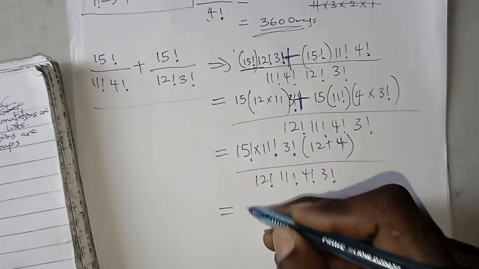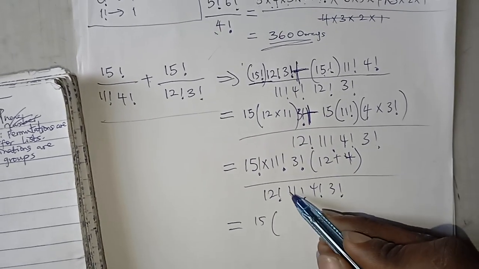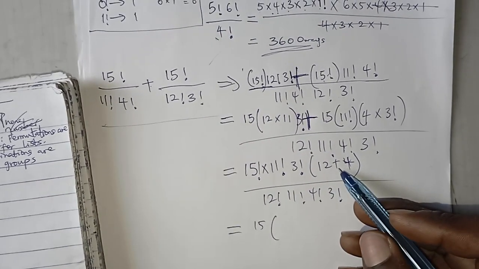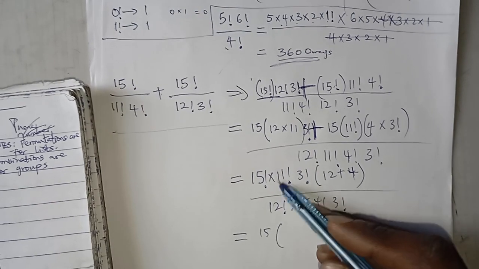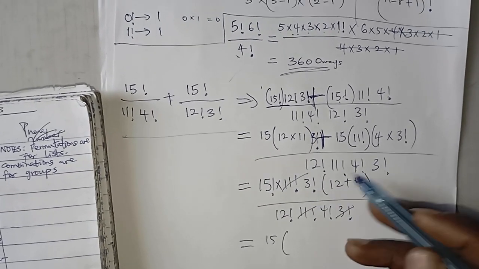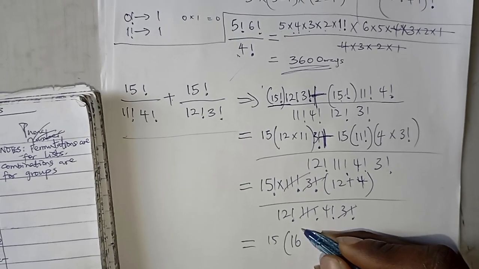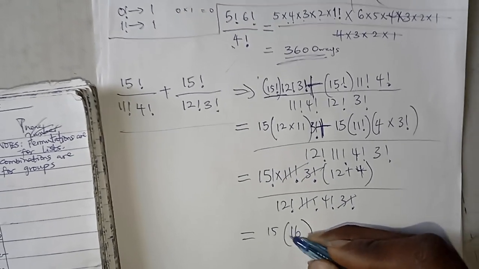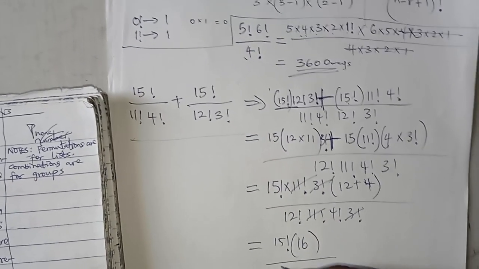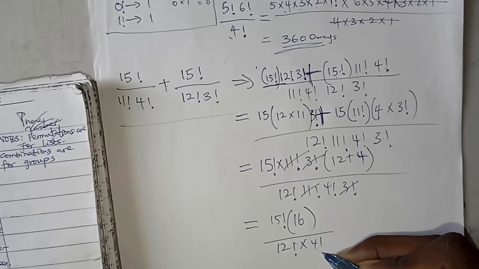So this should give me 15 into, because this can take care of this, this can take care of this, so I have 15 into 16. That is 15 factorial into 16 all over 12 factorial times 4 factorial.